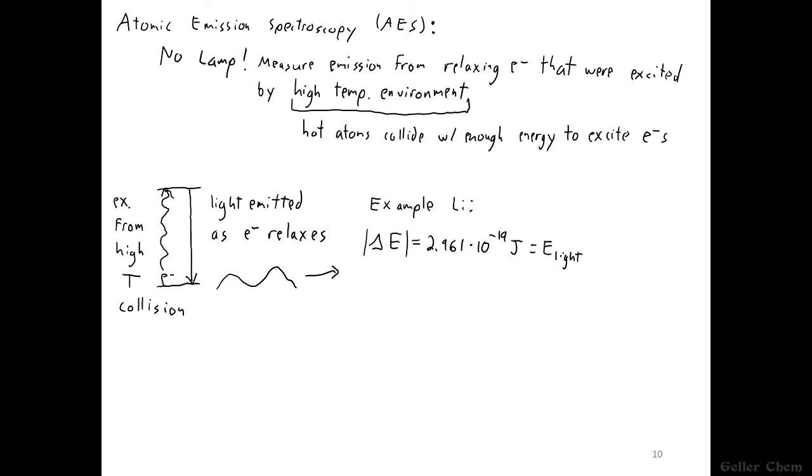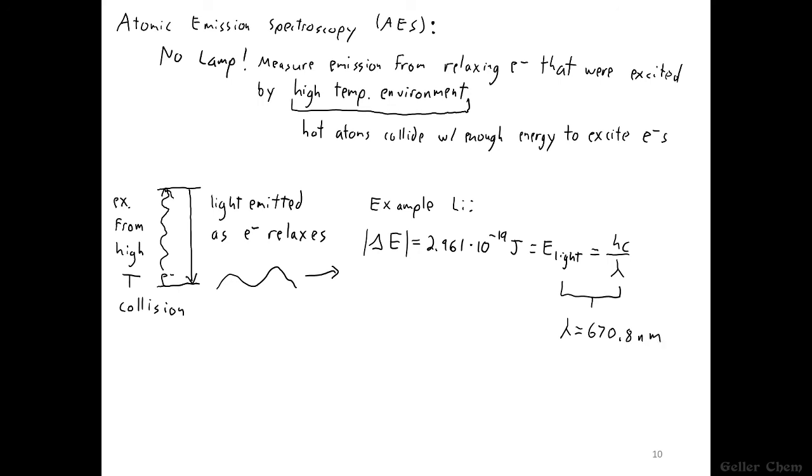And utilizing the equation that we learned at the very beginning of spectroscopy that relates energy to wavelength, we can determine that the wavelength that is going to be emitted by lithium through this relaxation process is equal to 670.8 nanometers.